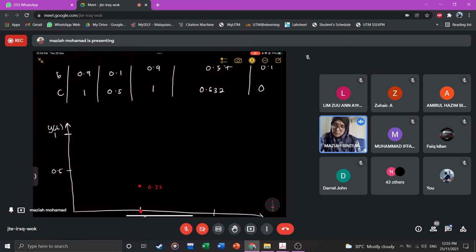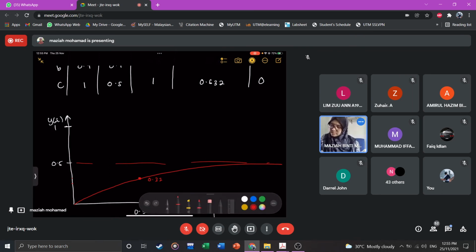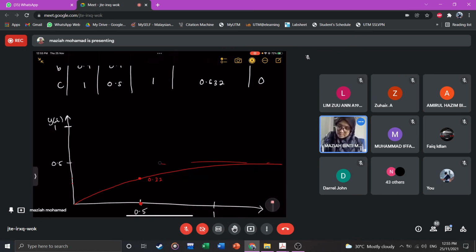And then it will reach the final value around 0.5, around this line. If I am able to plot the response, it will look like this.